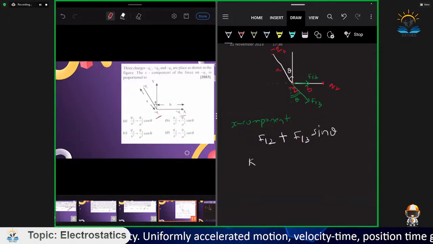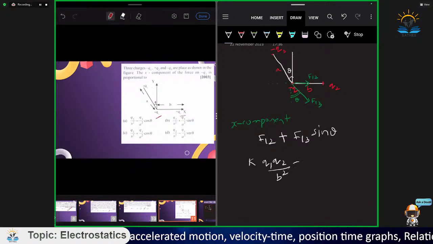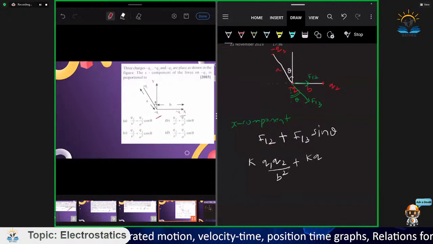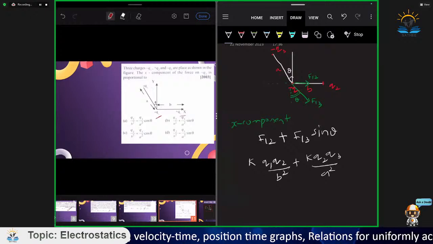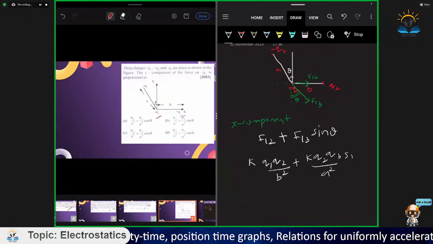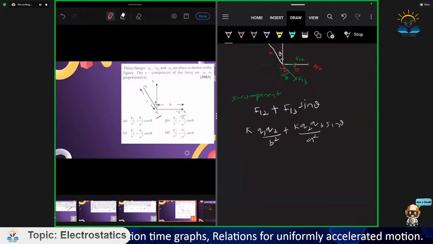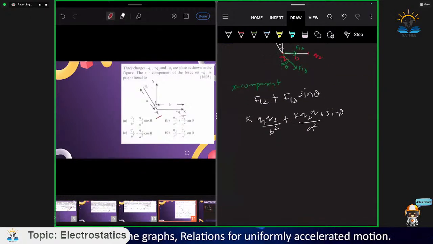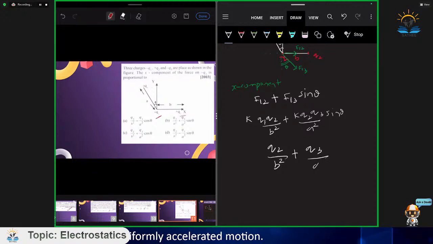F12 will be k Q1 Q2 divided by B square, plus F13 will be k Q2 Q3 divided by A square, into sine theta. They just want the proportionality, so we can remove the constants. So Q2 by B square plus Q3 by A square into sine theta.